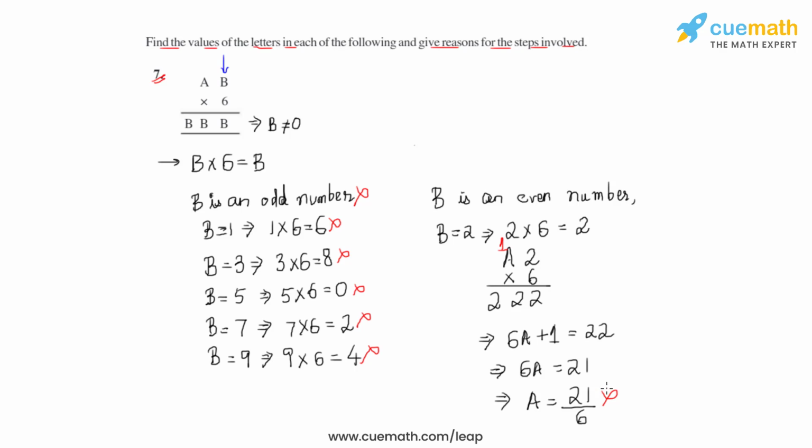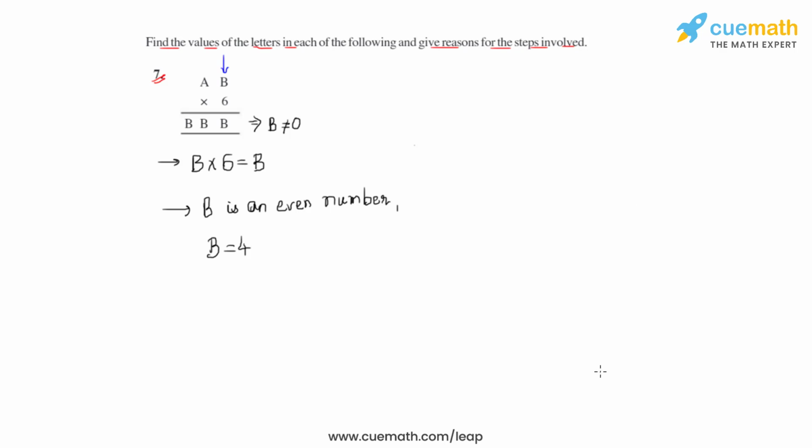Now let us see the next even number, which is 4. If B is 4, let us replace B by this number in the product. So A4 times 6 would be 444, because there are 3 B's in the result. We know that when 4 and 6 are multiplied, the carry would be 2. Based on this observation, let us find the value of A. So 6A plus 2, which is the carry, must give us 44.